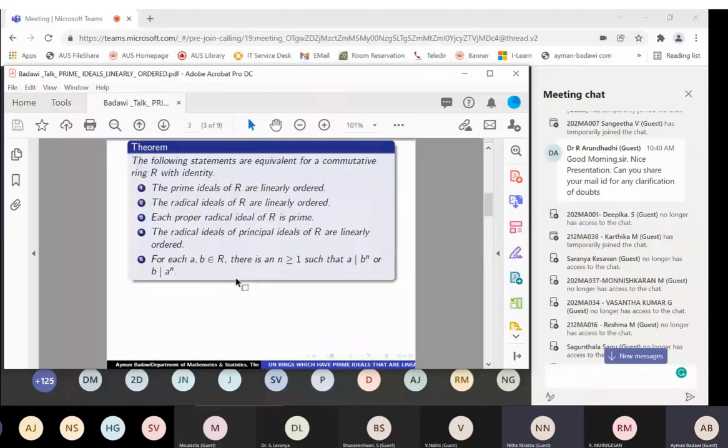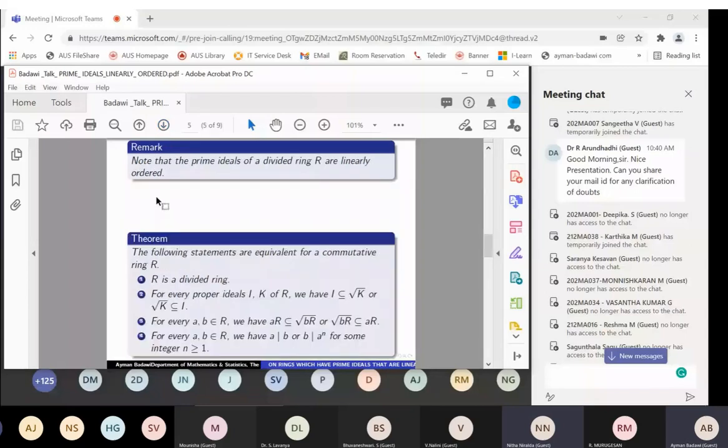Yes, this is okay. Number 5, I thought I repeated it here, but that is not the case. So number 4: for every A and B, either A is a factor of B or B is a factor of A to the n for some integer n bigger or equal to 1.